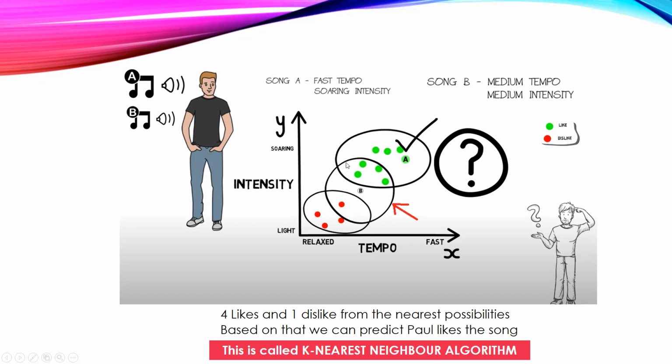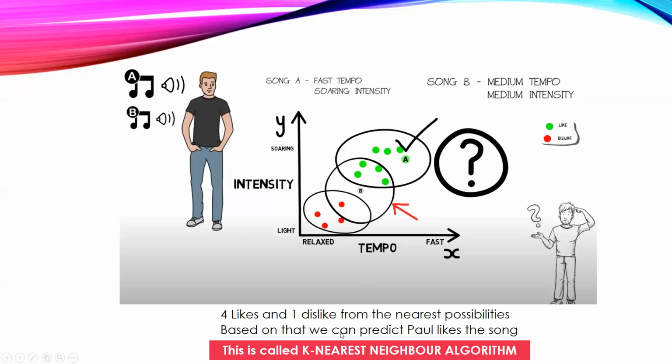If you mark a circle here, which is the nearest one, four likes are nearest for song B, and one red dot, which is a dislike for that song. So based on that, you can predict that most likely Paul is going to like song B. That's how we predict it.